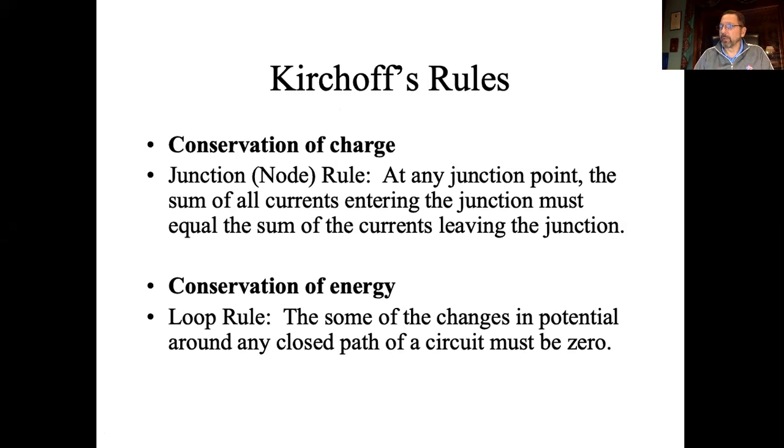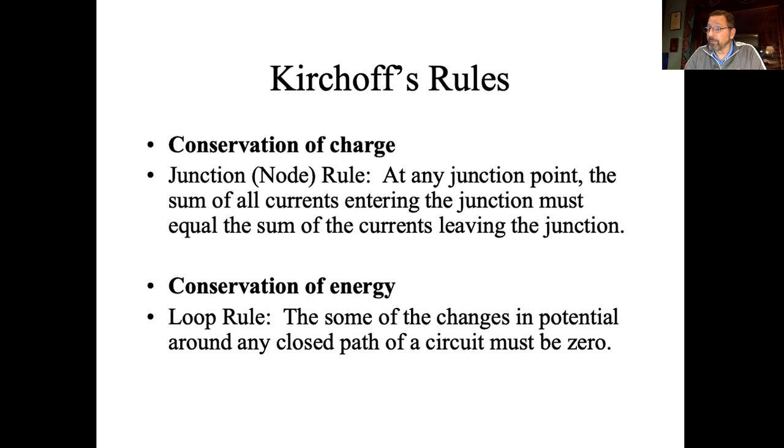Kirchhoff's rules say that at a junction, the sum of all the currents, now we were talking more about charge when we were talking about capacitors, but the sum of the currents or charges entering a junction or a node, that dot I drew, must be equal to the sum of the currents or the charge per time leaving the junction. Okay, that's one of Kirchhoff's rules. And then he has a loop rule.